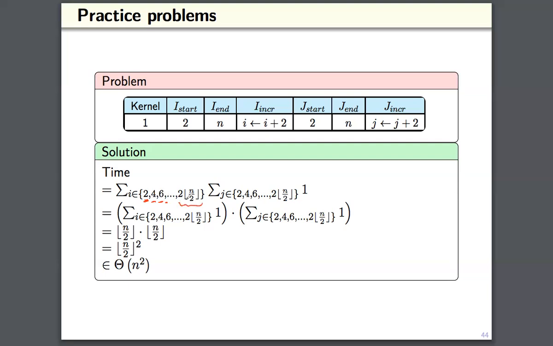It is this, 2 times floor of n by 2. So i takes all these values. For every value i takes, you have another sigma, right? j takes all these values, second loop. See, j takes 2, j takes 4, exact same logic, 6, so on up till 2 times floor of n by 2.